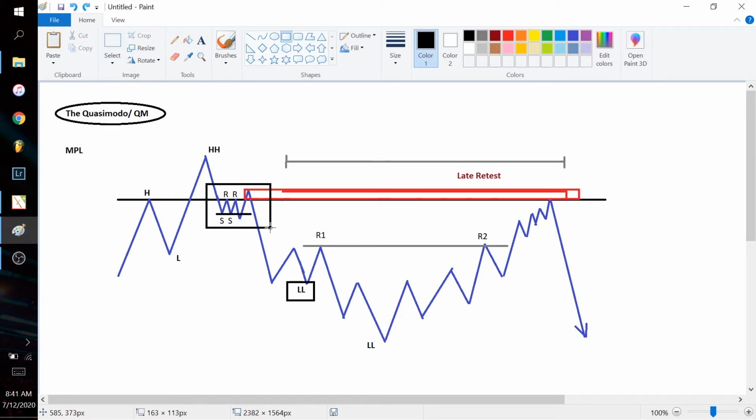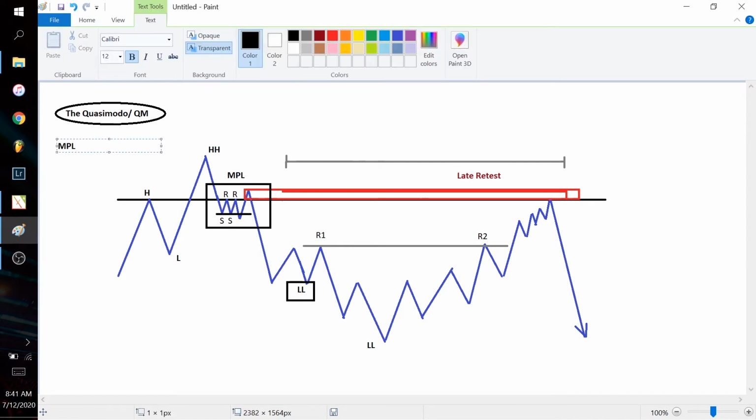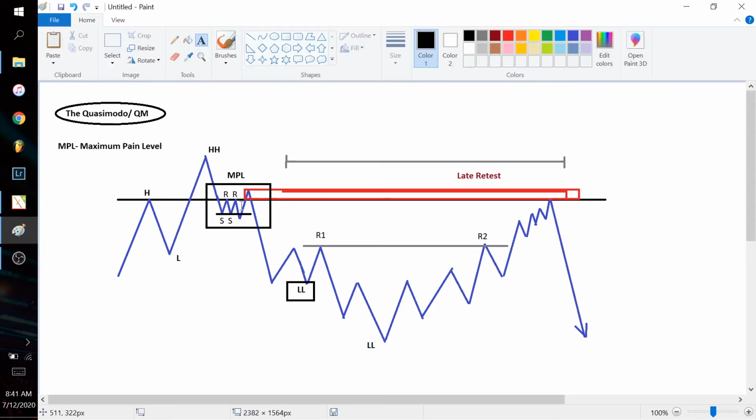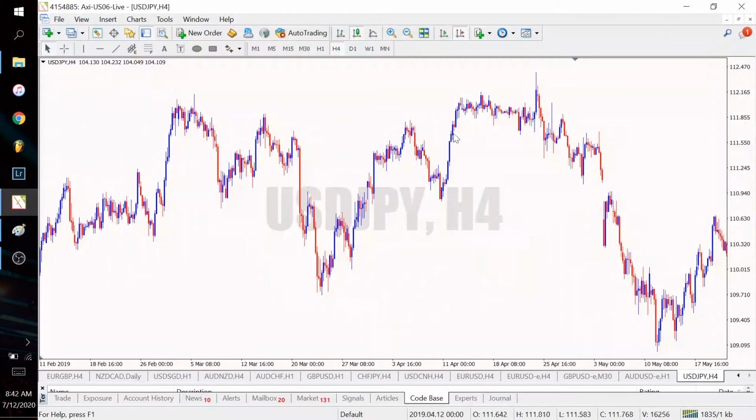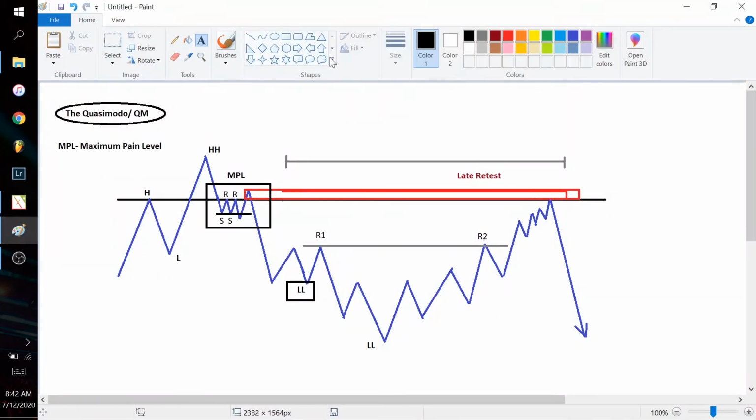And this is our MPL, maximum pain level. It makes sense, doesn't it? If you're a trader, you buy, you get stopped out, you sell, you also get stopped out, and that's why it's causing maximum pain.